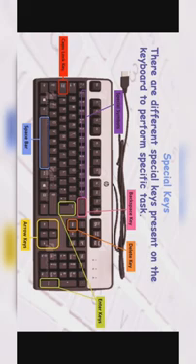There are two enter keys present on the keyboard. Then you have a delete key marked in orange, a backspace key marked in pink, and then a special symbol present above the number key marked in purple.